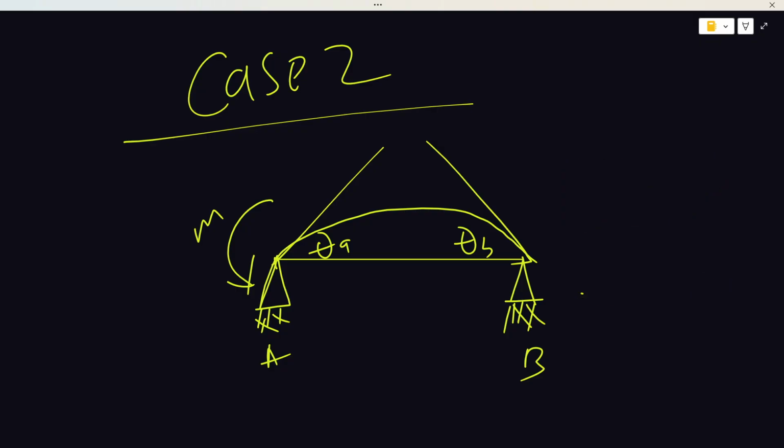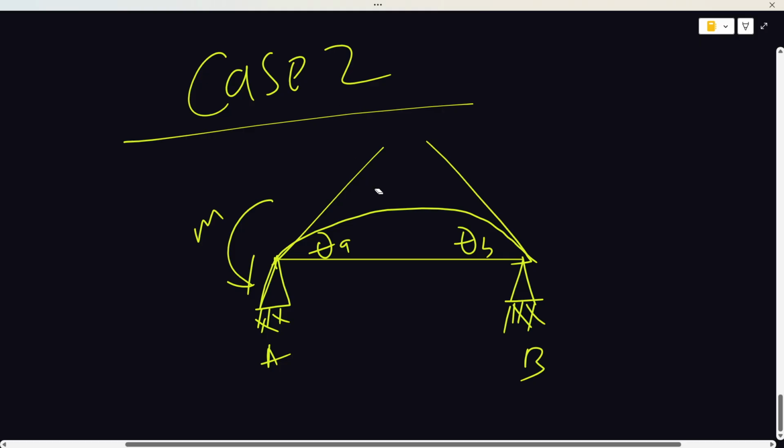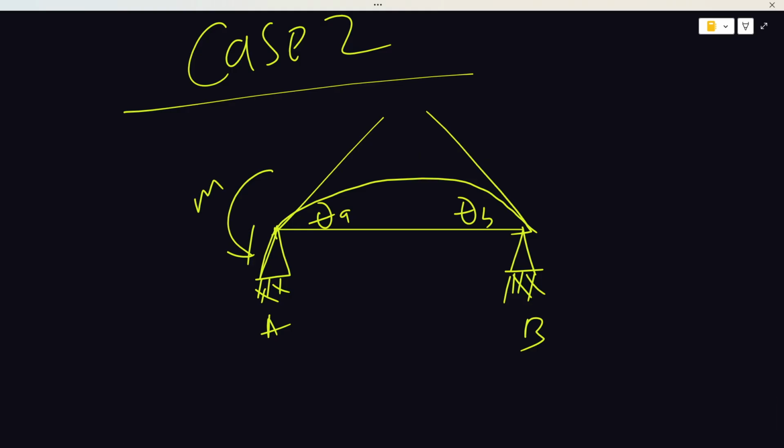So let's continue. Case 2, inch. Now, the beautiful thing about this is that we would not even waste time, because normally we know that if not for the fact that a moment was applied here, this moment at A would have been 0. Do you get? So with the same fashion of knowledge, we can say that MB is equal to 0.